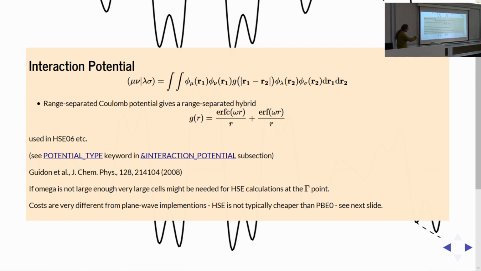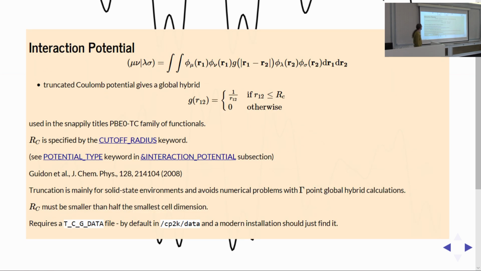Again, you can specify that as potential type HSE. As it drops off exponentially, it tends to be quite a long range of drop-off, and the exponent's quite large, so you tend to need rather large supercells in CP2K to use this HSE functional, but it works nicely.